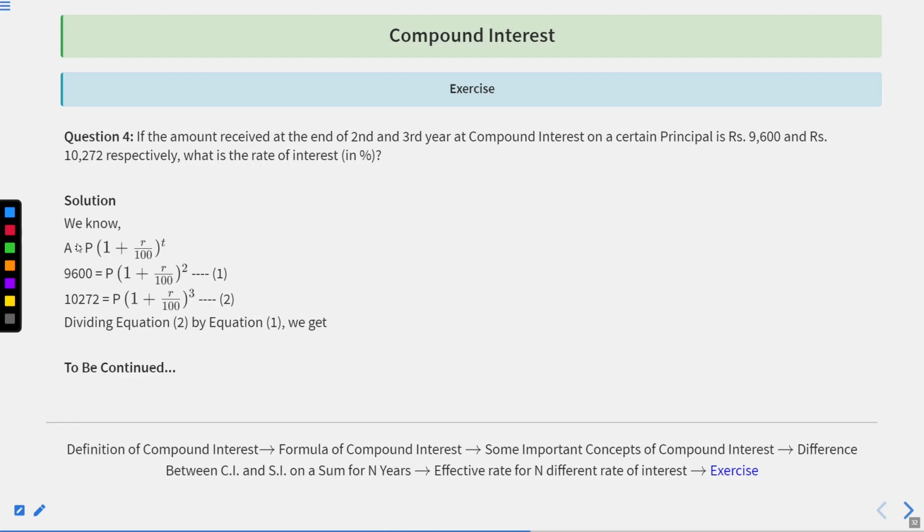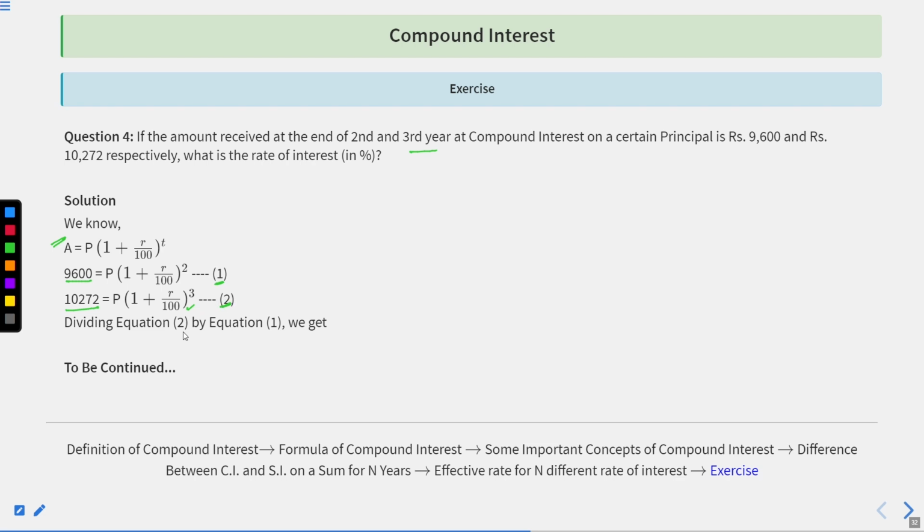So we know the formula to find the compound amount is A equal to P times 1 plus R upon 100 to the power T. So A is given to be 9600 and is equal to P times 1 plus R upon 100 whole square, which is equation number 1. And second, for third year, it becomes 10,272, which is equal to P times 1 plus R upon 100 whole cube, which is equation 2.